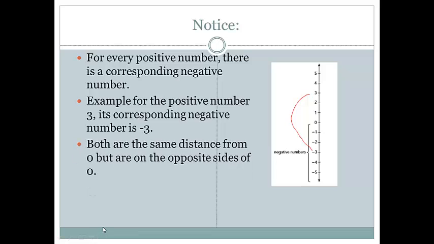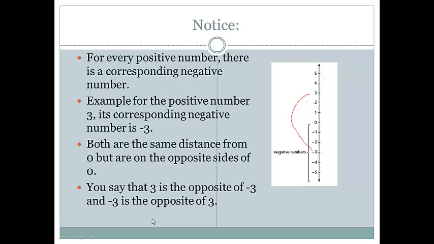Both are the same distance from 0, but are on opposite sides. Positive 3 lies 3 intervals above 0. Negative 3 lies 3 intervals below 0. You say that 3 is the opposite of negative 3, and negative 3 is the opposite of 3.